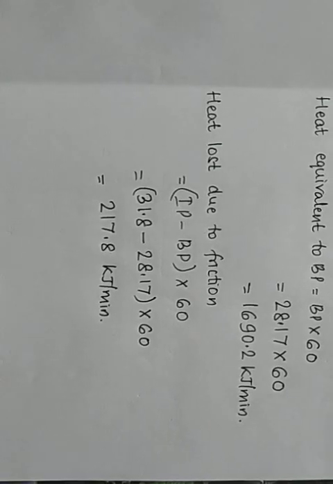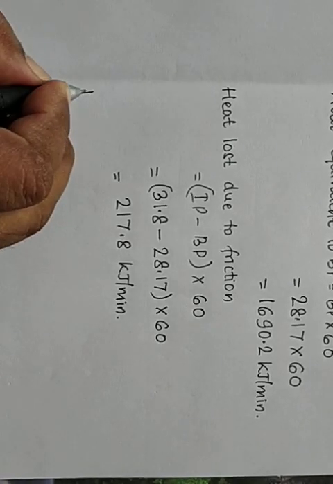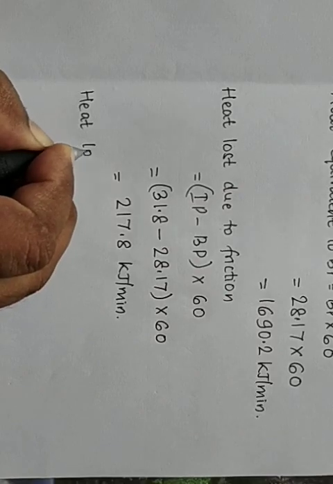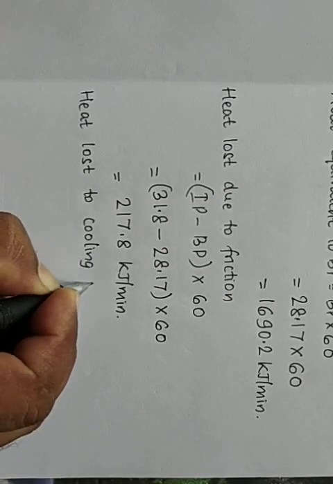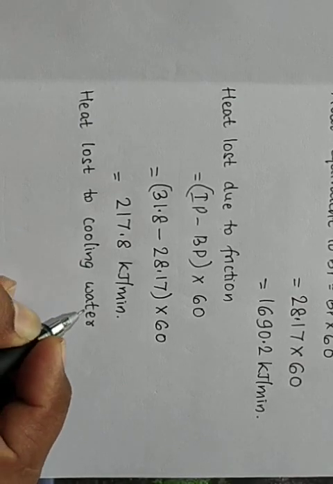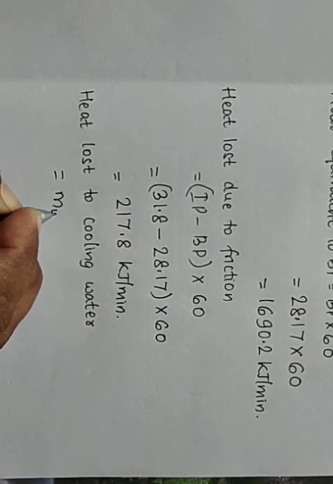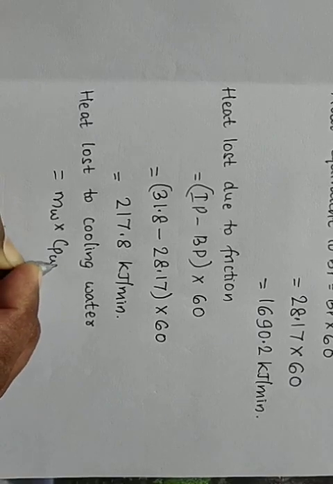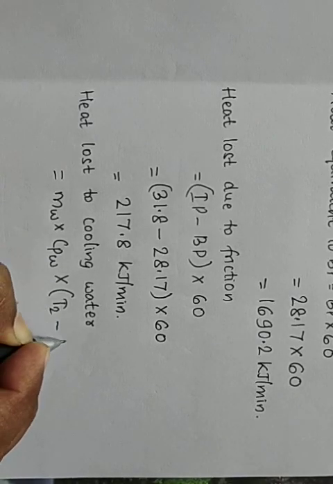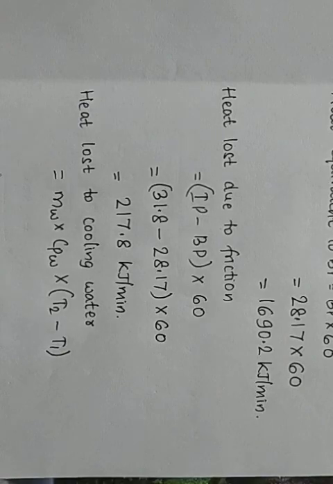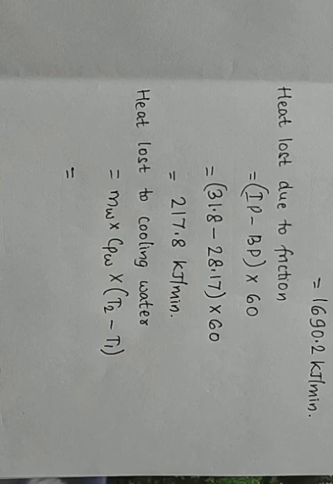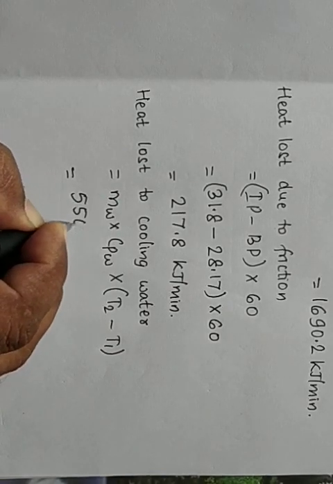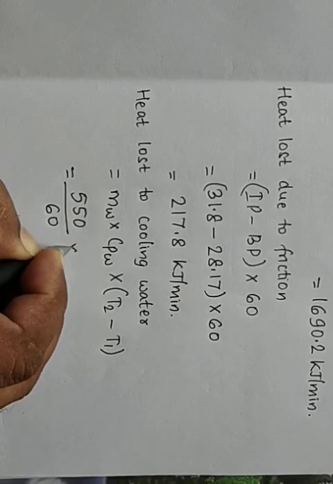Then find out heat lost to cooling water. So heat lost again to cooling water is mass of cooling water into Cp of cooling water into (T2 minus T1). That is, mass of cooling water is known to us. It is 550 kg of water consumed for 1 hour. So 550 divided by 60 you will have per minute.